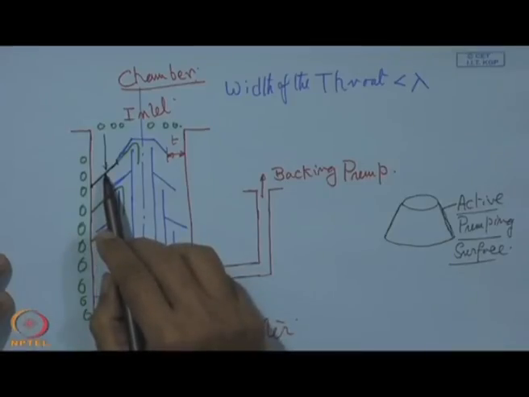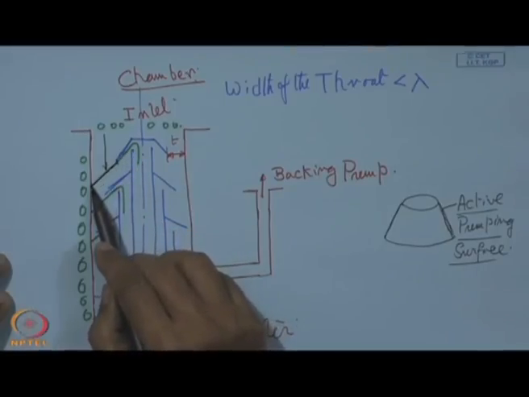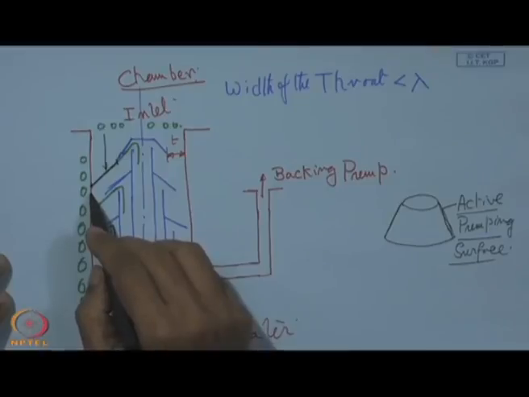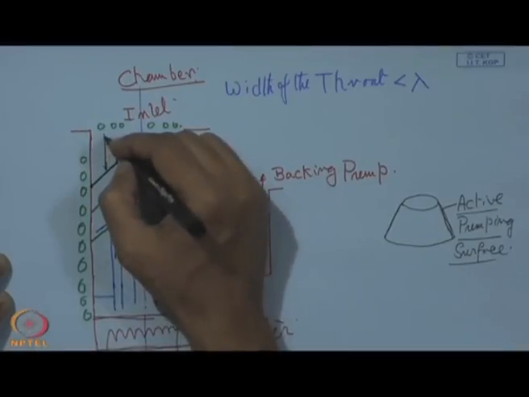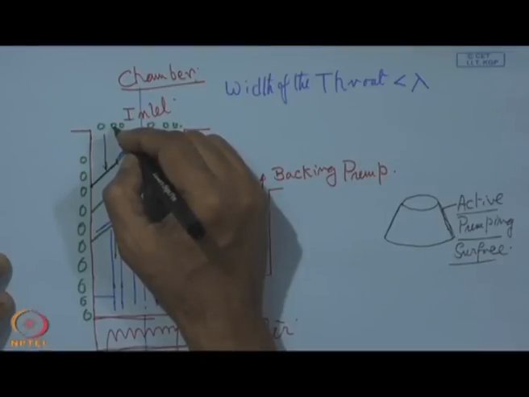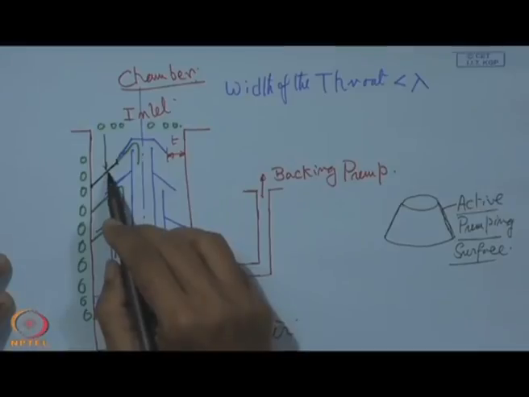When it strikes, it is already entrained, and at the same time this stream is going to strike the cold wall of this chamber. So, first is the impingement of the gas molecule from this chamber. This is impingement number 1.